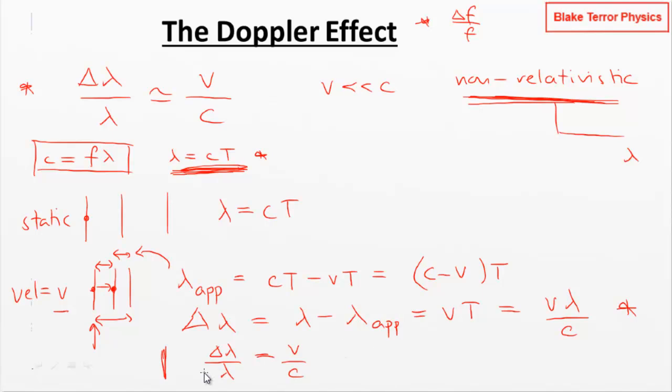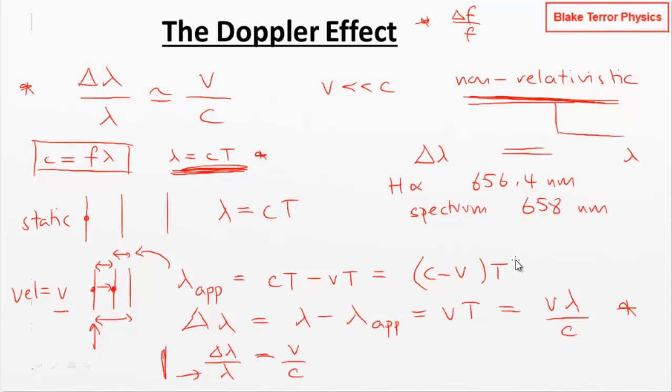The only thing you have to be careful of is making sure you get the right lambda. It's easy to work out the change in the wavelength because we're given two wavelengths. So that's fine. We're just working out the difference. But in terms of lambda, we need to have the wavelength of the static source. So when they say things like H alpha in the lab is 656.4 nanometers, and the wavelength that we observe in the spectrum, let's say that had moved to, I don't know, 658 nanometers.